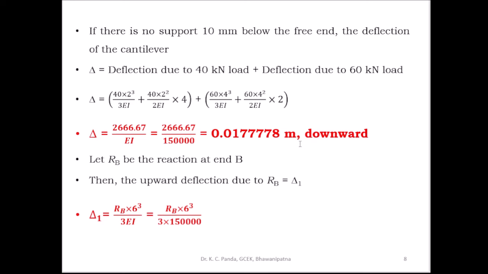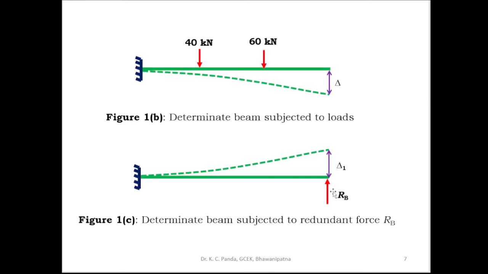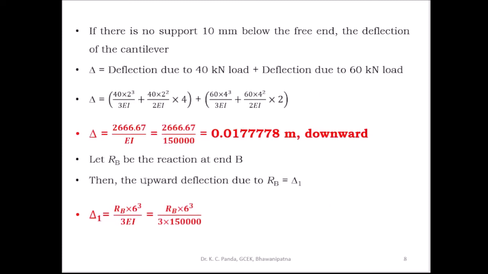Then in the second case, you take the upward reaction and remove the downward load. Due to this upward reaction, or this redundant, you have to find the upward deflection, delta 1. The upward deflection due to RB is delta 1, so delta 1 is equal to RB into 6³ by 3EI.